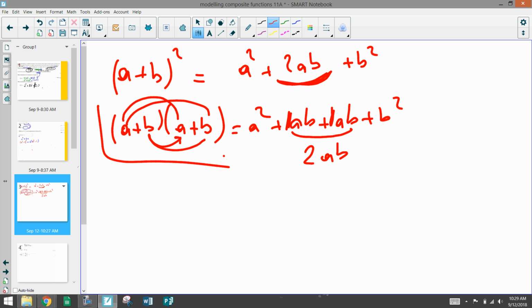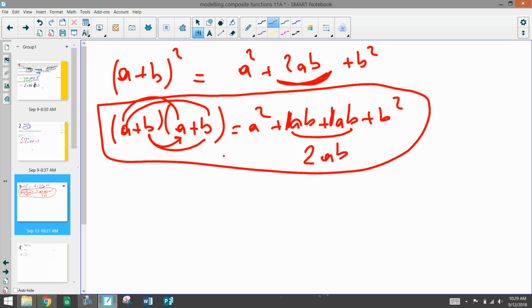Okay, so this is very long. I don't want you to do this every single time, because here's a shortcut. All ready to learn? Take the first term squared. It's right here. Take the second term squared.